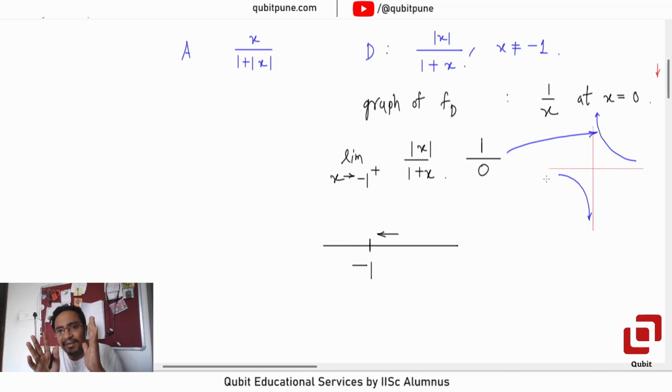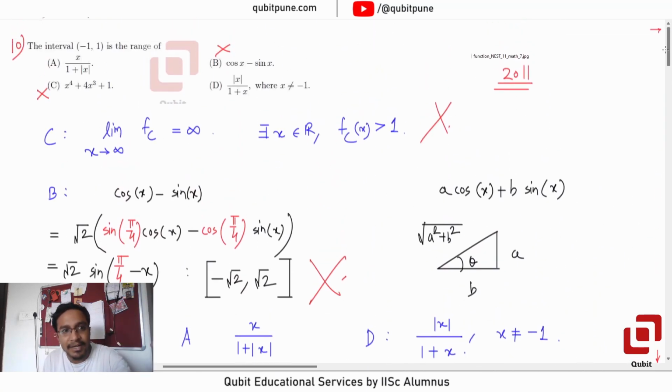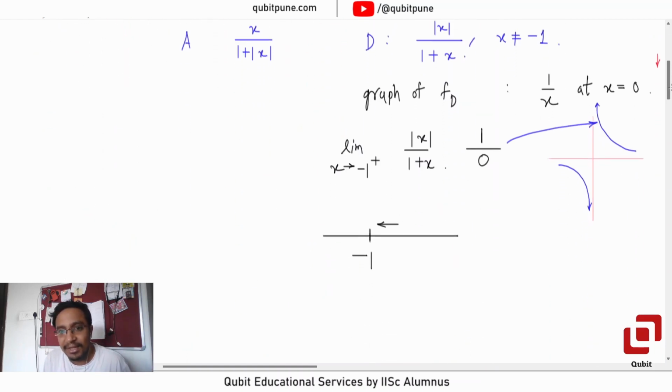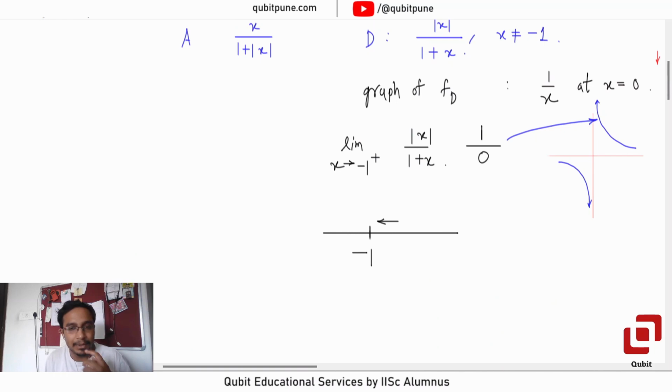And this in itself is enough to convince you that there will be some real number x near -1 for which f of x will not be in the interval -1 to 1. Let us take an example. Let us take x as negative 0.9. What will be f_D of negative 0.9?